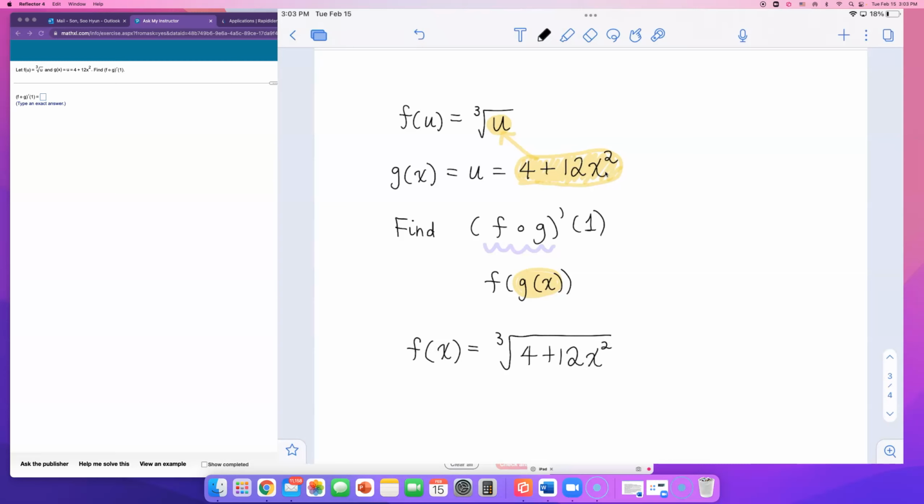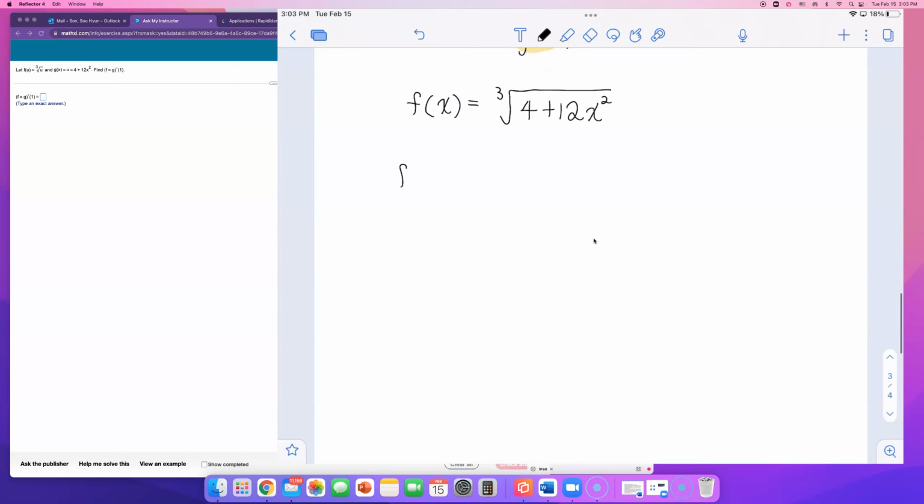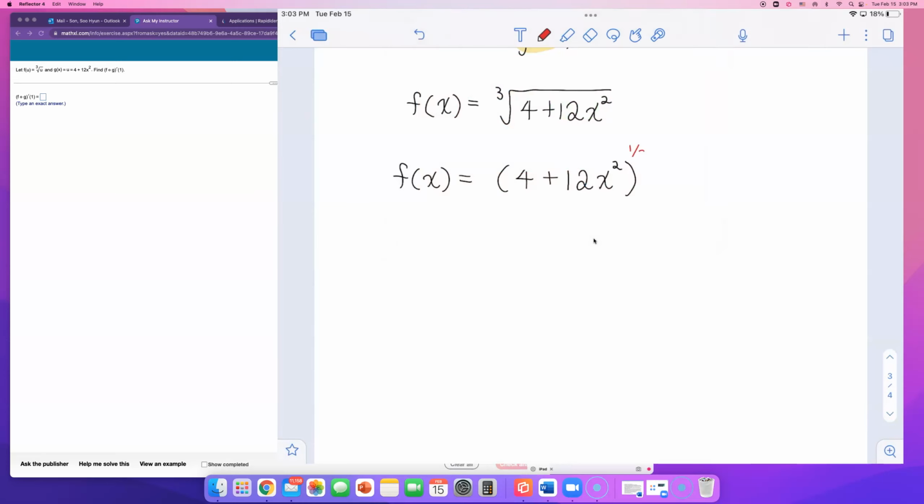What we're going to do is find the derivative of this and plug in 1. So let us find f prime of x. Before I do that, I better rewrite this because we're not going to keep functions in root notation. We're going to write this in exponential notation, right? Taking the cube root of something is the same as raising that to the 1/3 power.